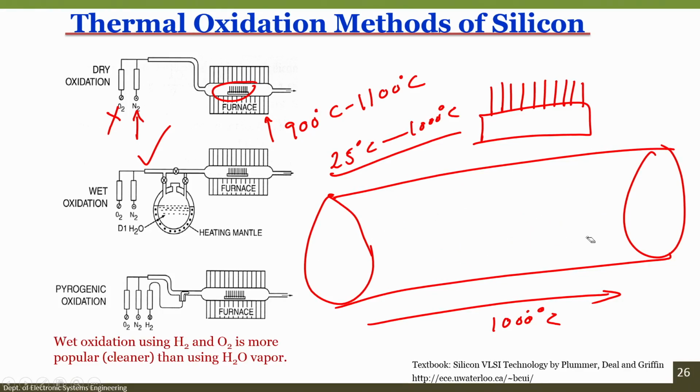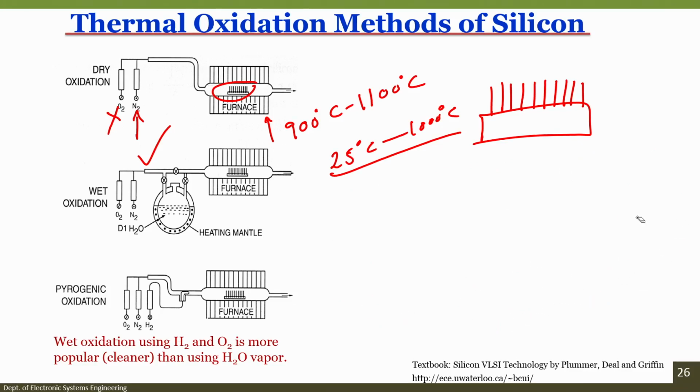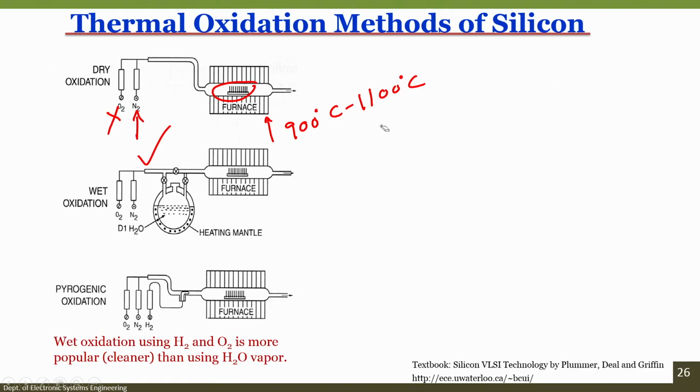Initially nitrogen is purged in the furnace, and once the furnace temperature is achieved, then nitrogen is switched off and oxygen is switched on. In that case, what will happen? Oxygen will start reacting with silicon to form silicon dioxide. Now, let us understand what happens when it is wet oxidation.